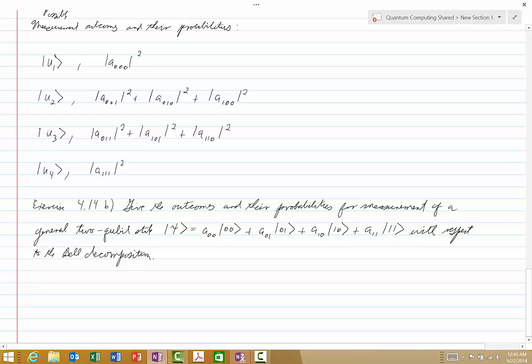And you will see that this is similar to example 4.2.6.